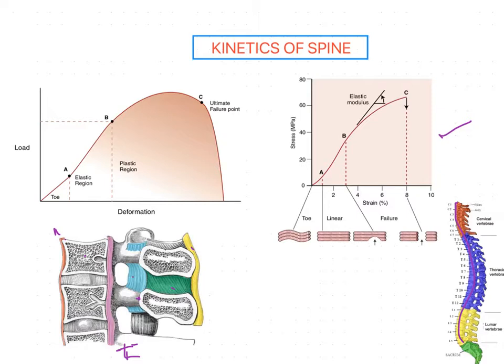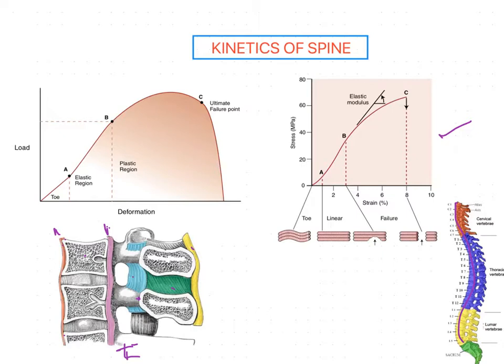After that, they kept the anterior longitudinal ligament and removed the posterior longitudinal ligament. Like that, they used to remove these soft tissues one by one, which give support to the motion segment, and then investigate how much stiffness is developed in this mobile segment.